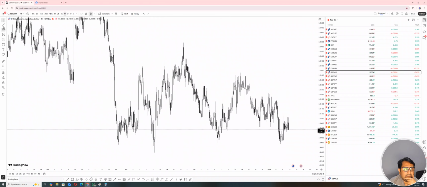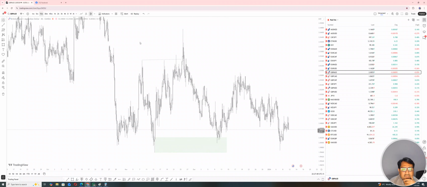Now you can see that we have a break of structure, and this is your order block. Now we are going to the M15 time frame. We will look for a break of structure and stop hunt, then we will look bearish till this order block.